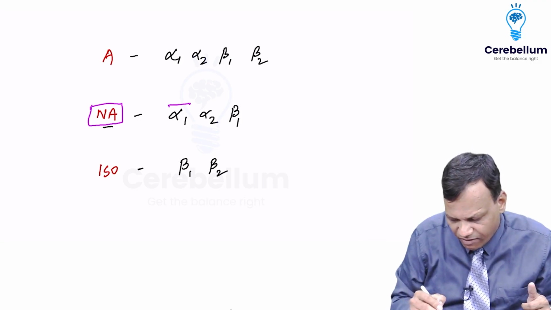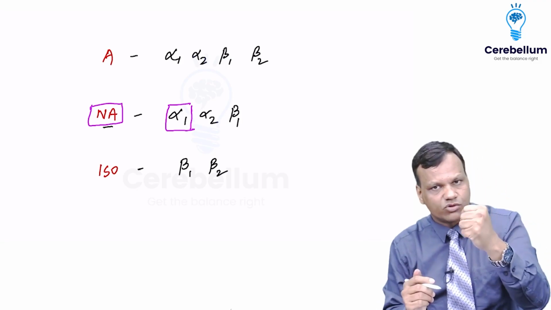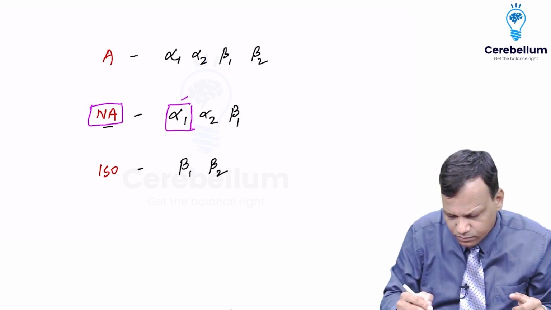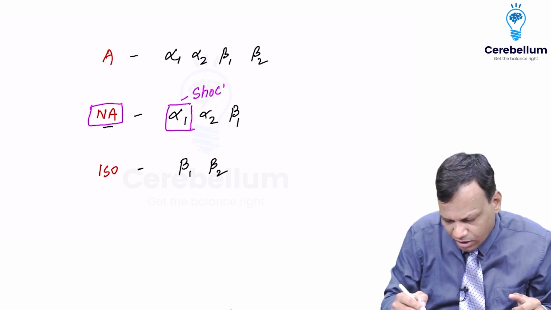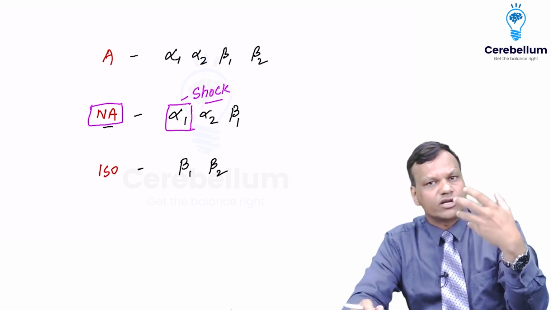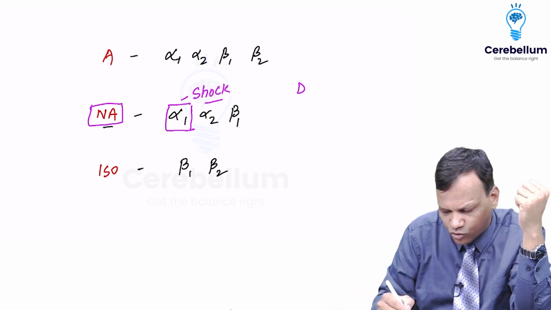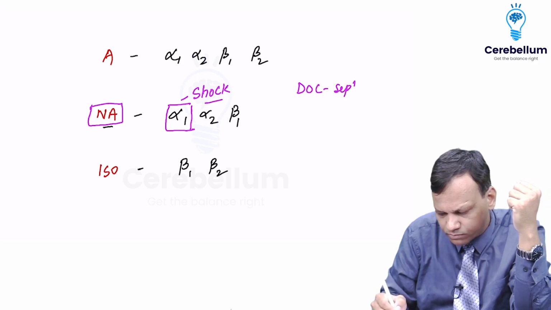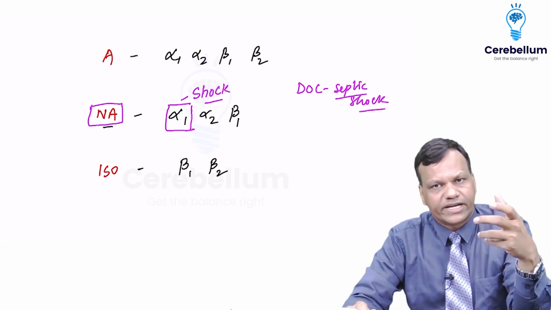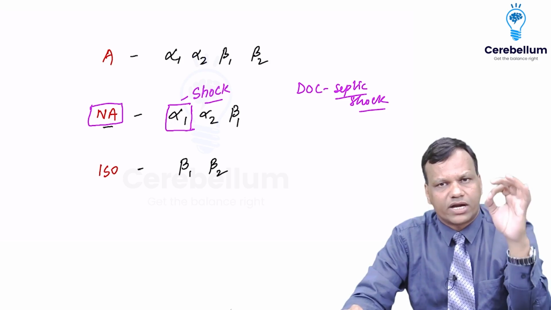It stimulates alpha 1 receptors. Alpha 1 is causing vasoconstriction, so we can use it in shock. Noradrenaline is used in shock. In fact, noradrenaline is a drug of choice for septic shock. For septic shock or any vasodilatory shock, the drug of choice is noradrenaline.